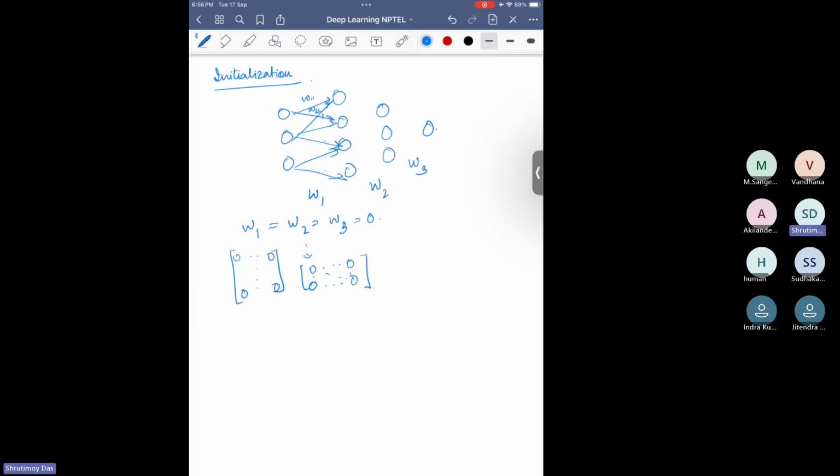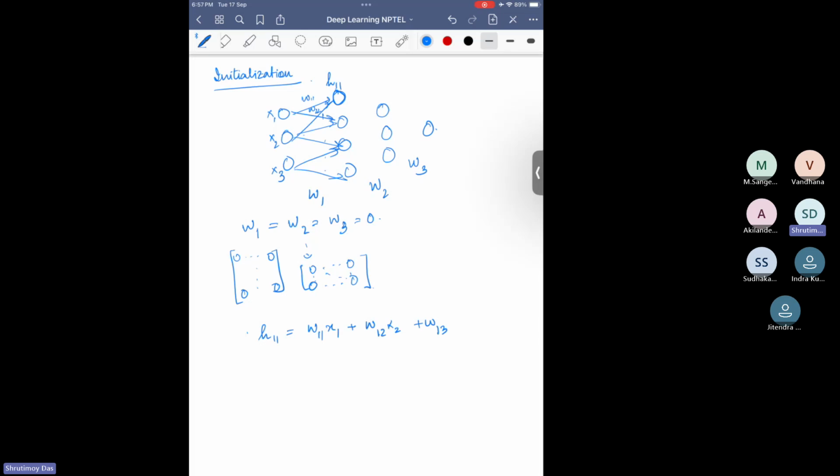Now, what happens in this case? Suppose I have some input x1, so suppose this is x1, x2, x3, a three-dimensional input, and I have some pre-activation here, which is say h11. So h11 is basically w11x1 plus w12x2 plus w13x3.